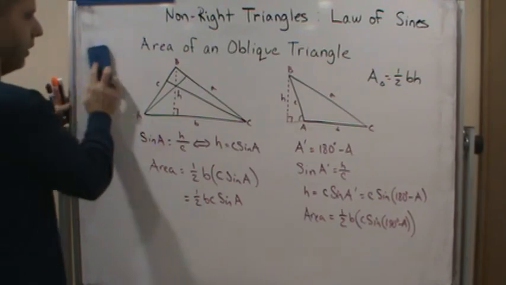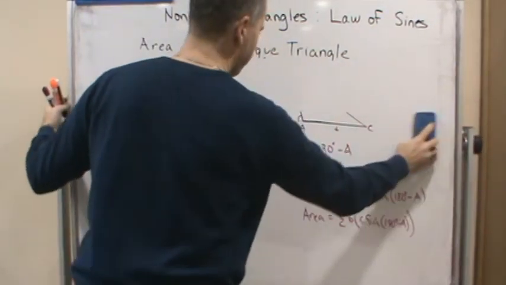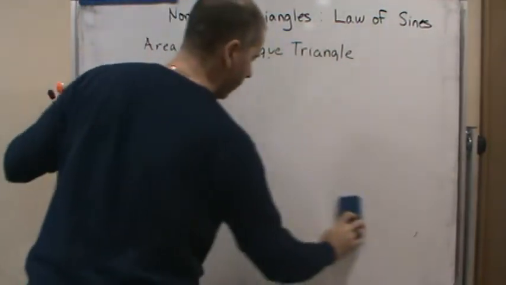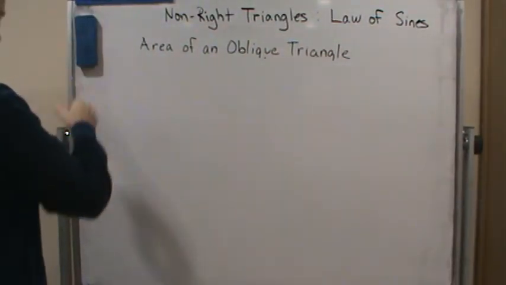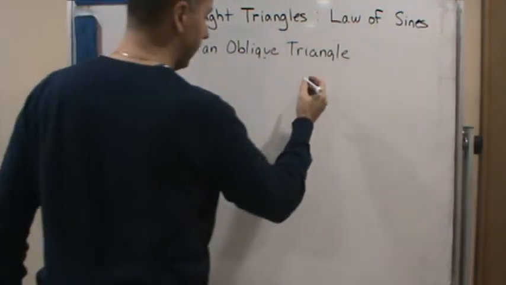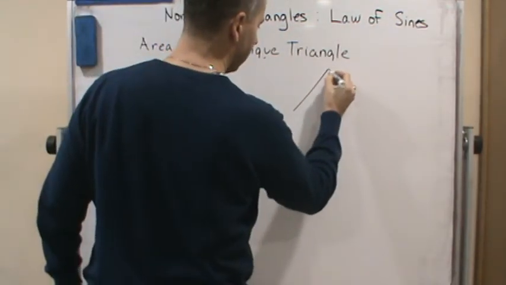So what happens? Well, here are the formulas for finding the area of any oblique triangle.